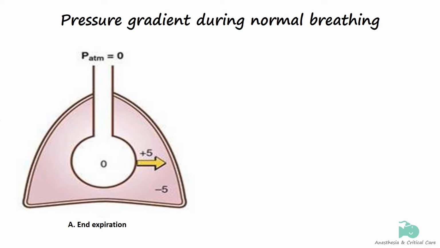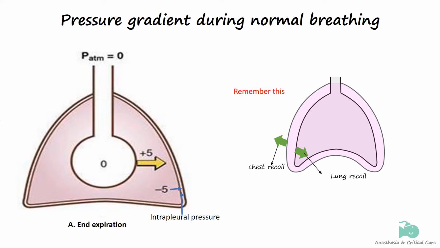Though complex, let's briefly try to understand how the pressure gradients act during normal breathing. Before inspiration begins, the pressure in the pleural space is -5 centimeters of water as a result of the elastic recoil of the lung and the chest wall we studied earlier.